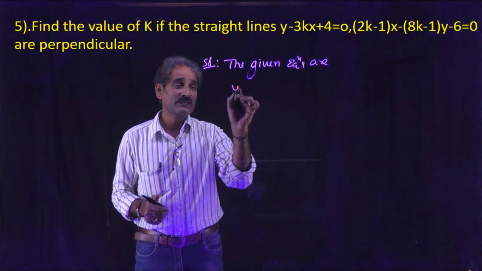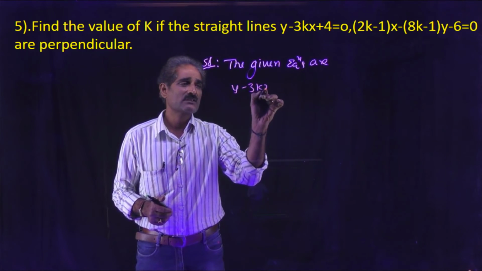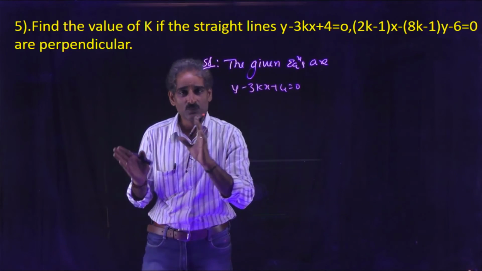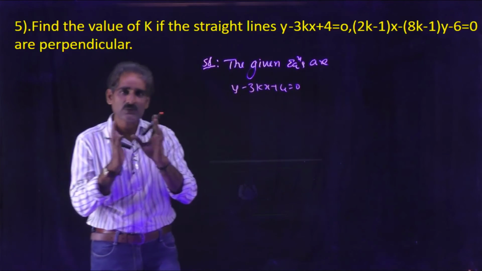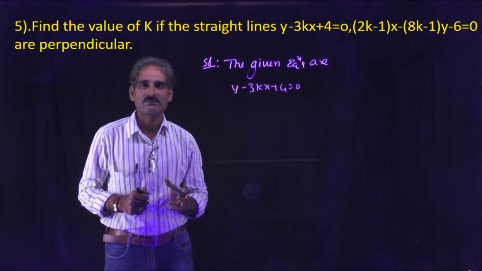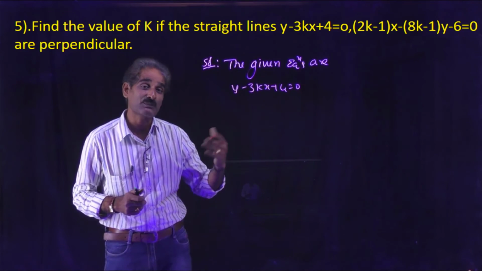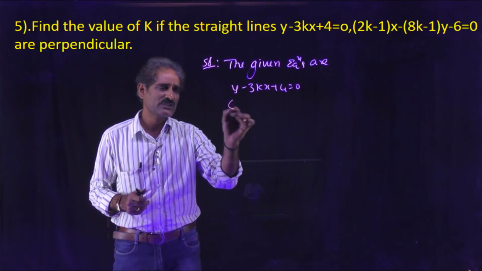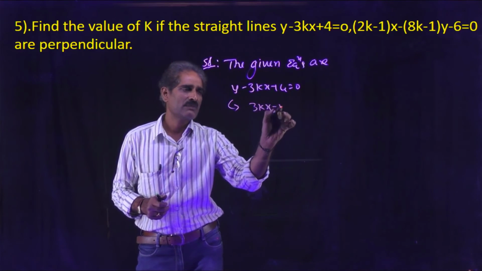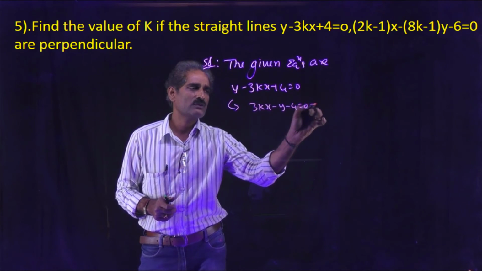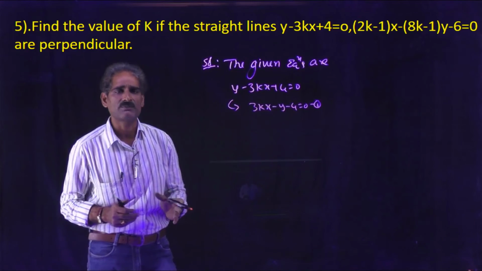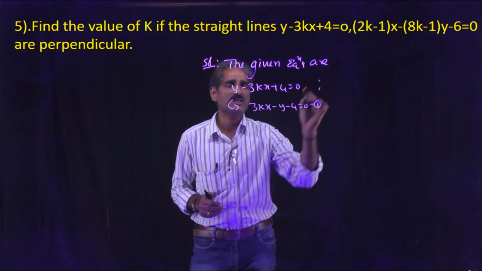Let us rearrange this equation. Generally you will start with positive x. The general form is ax plus by plus c, so rewrite: 3kx minus y minus 4 equal to 0. Let it be 1. This is the general form.